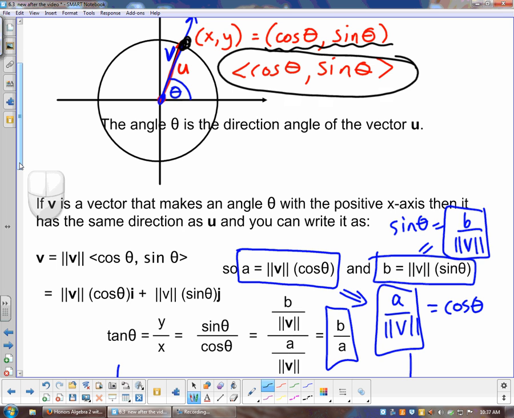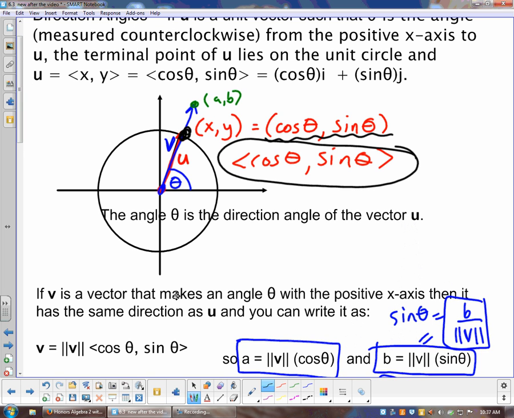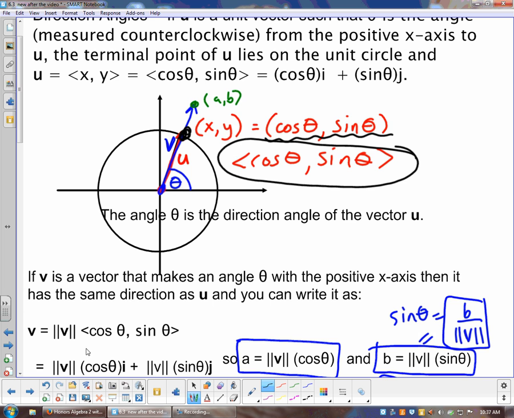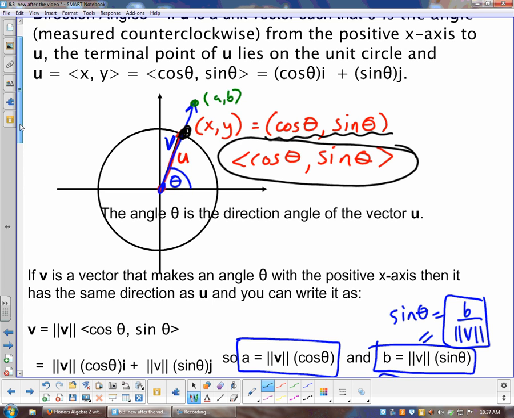So if v is a vector that makes an angle theta with the positive x-axis, then it has the same direction as vector u, and you can write it, as I said earlier, as the magnitude of v times cosine theta, sine theta.